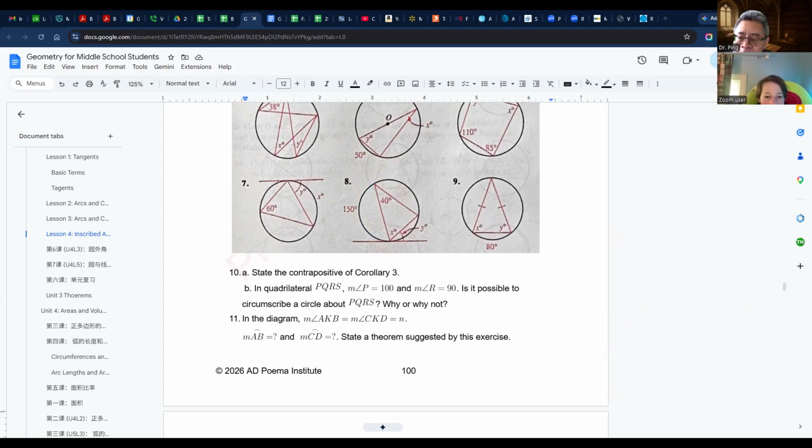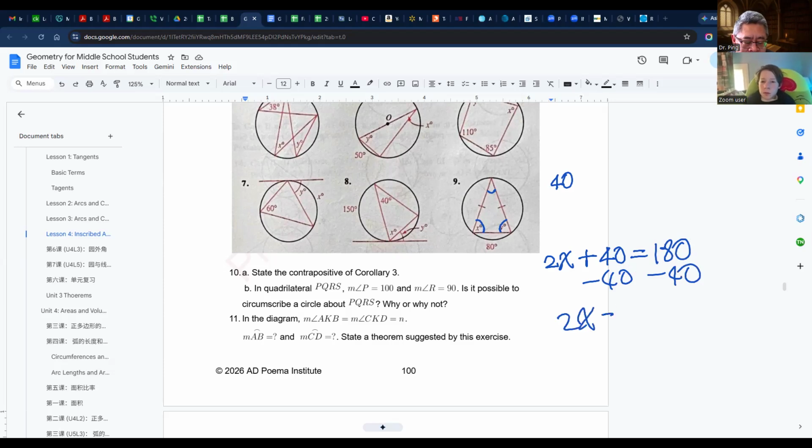So we know X and Y should be the same, right? Yeah. And we know this angle should be half of 80. This was 40. So what we got here is 2X plus 40, that's 180. Then minus 40. So 2X is 140 and X is 70. Very good. Okay. Number 10.